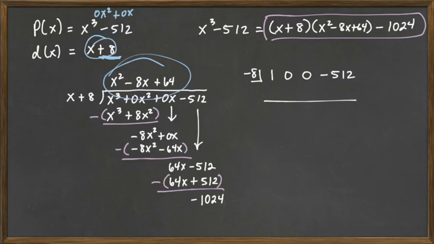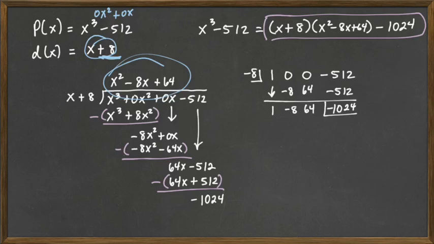The first thing you would do is drop your 1, and then you do what I call the multiply-add here. You multiply 1 times negative 8 to get negative 8, and in the columns we always add, so we get negative 8 here. Then we multiply here, and we get 64, then we add, we get 64, multiply here, we get negative 512, and when we add, we get our remainder, negative 1024.